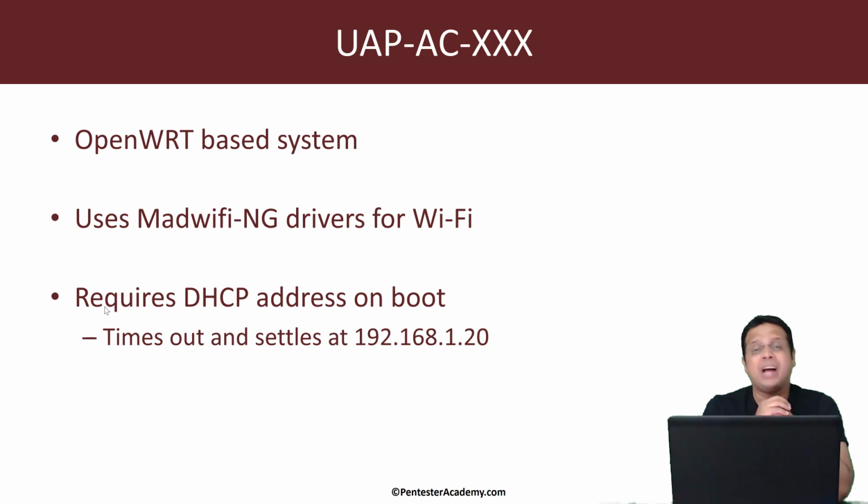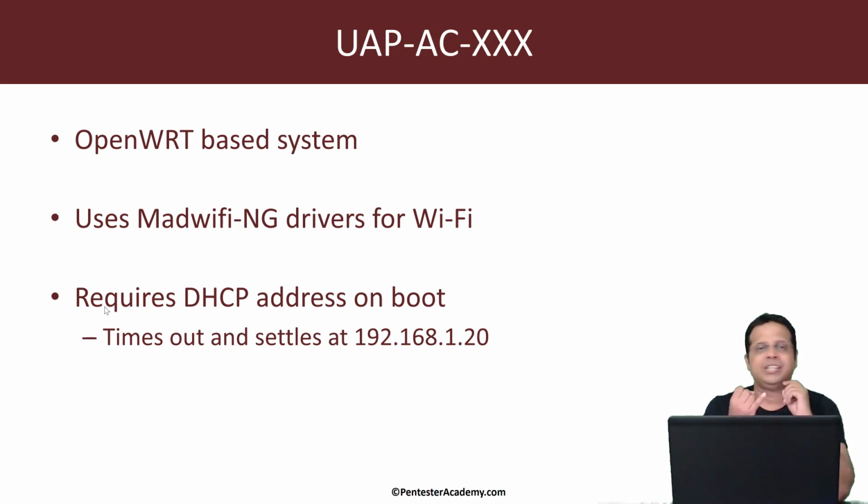The Wi-Fi drivers in there are the MadWifi-NG drivers. And when you want to SSH into it, what really happens is that when you connect it to the laptop's Ethernet, the DHCP request on the AP times out. So the AP tries to get a DHCP based IP address. When that times out, it automatically sets itself up on a static IP address, which is 192.168.1.20 for every single Ubiquiti AP.